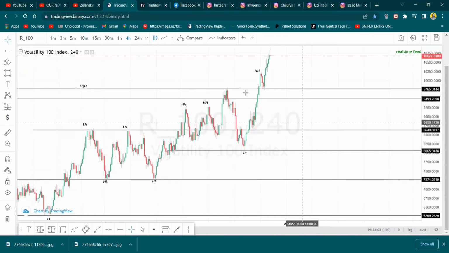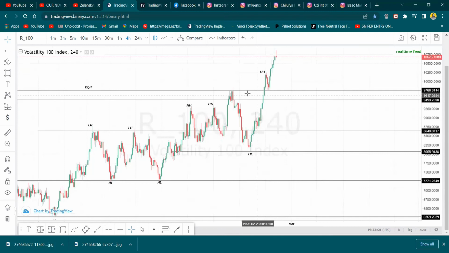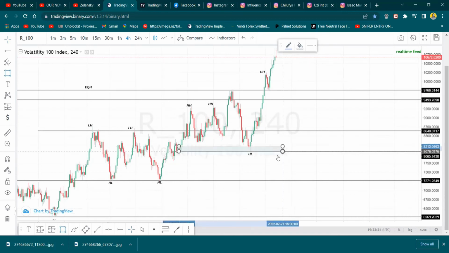So this whole break of structure came from down here. Down here, that's when you now make use of support and resistance. This is an area of support because price came to this area and respected it.